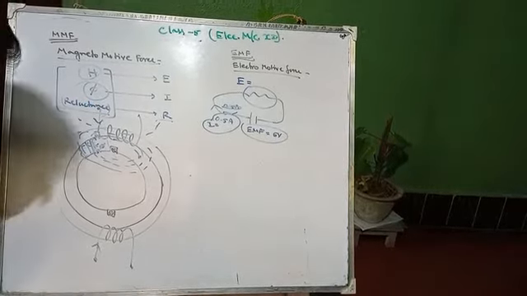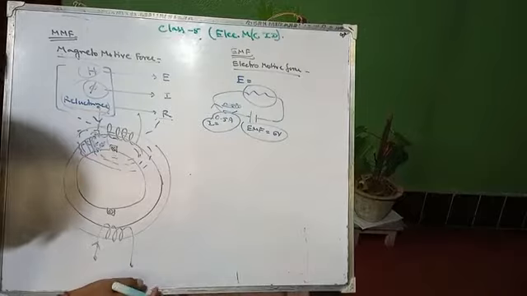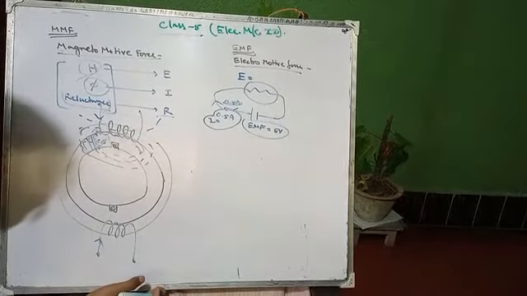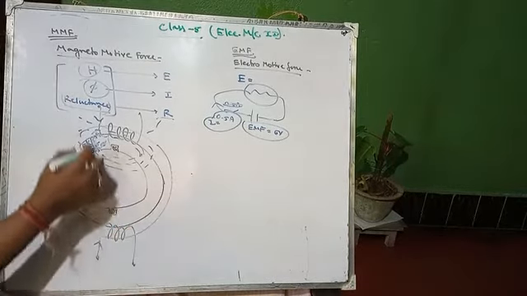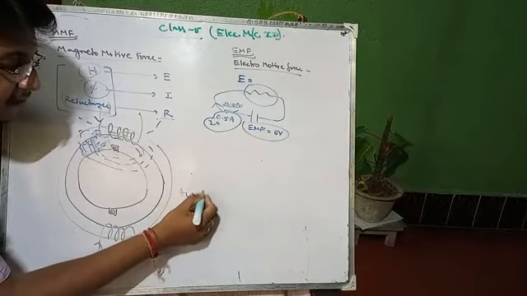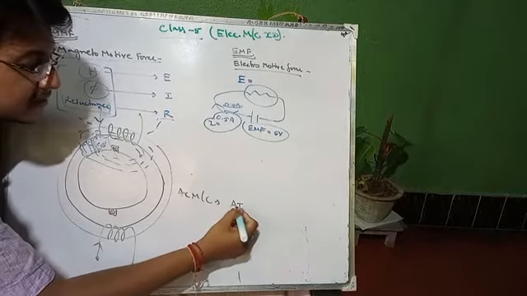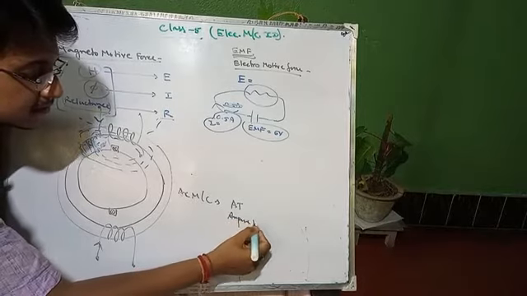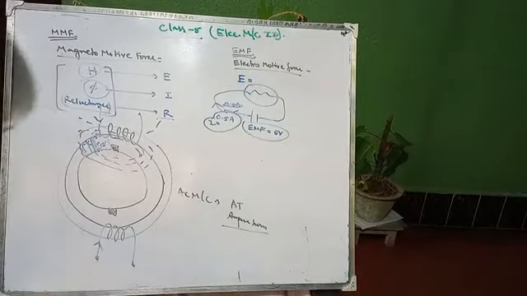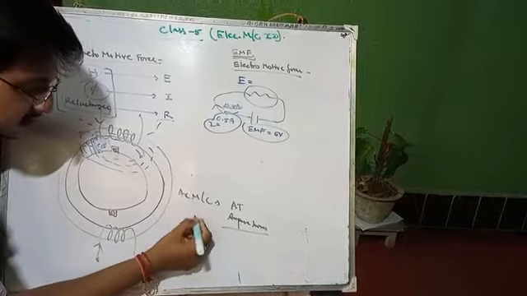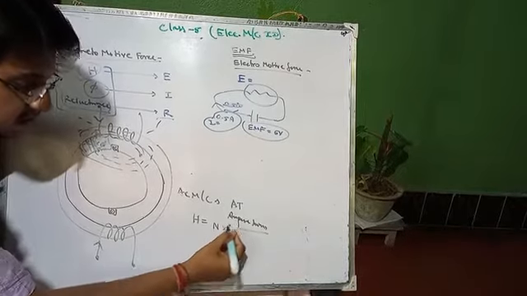For an AC machine, this is effectively called ampere turn, that is the amount of current into the number of turns. Always remember, H equals number of turns into current, N into i, with small i over here.